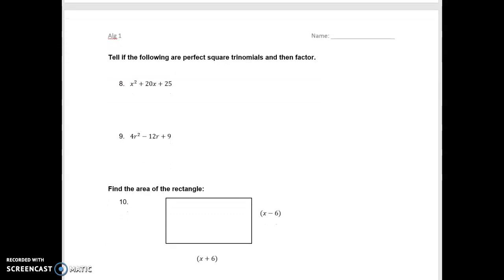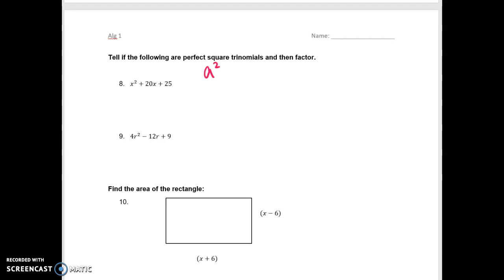Tell if the following are perfect square trinomials, and if so, factor them. If they're not perfect square trinomials, then we may or may not be able to factor them. So let's see. We've got x squared plus 20x plus 25. If it was a perfect square trinomial, it would look like this.